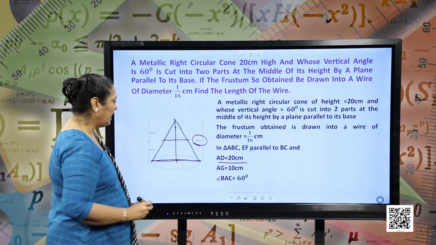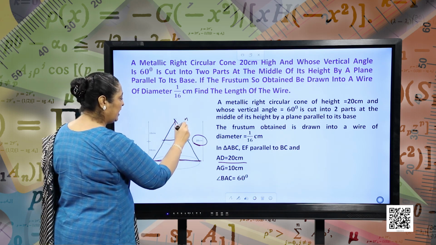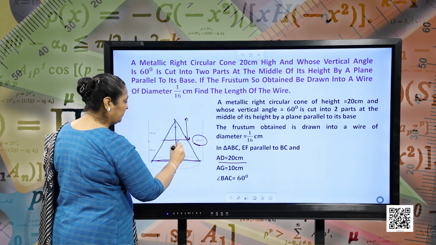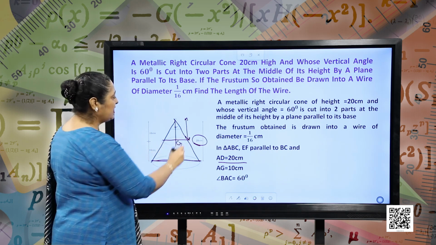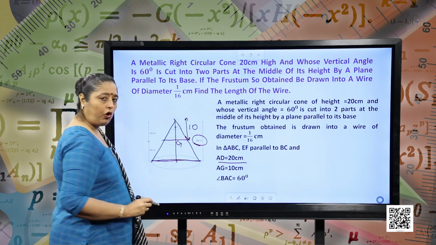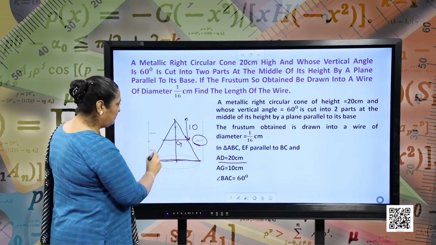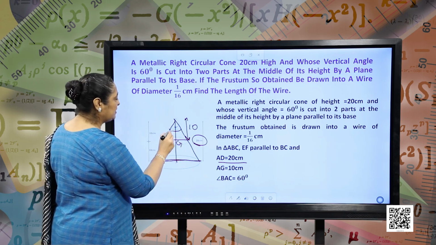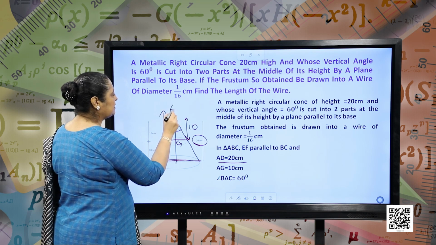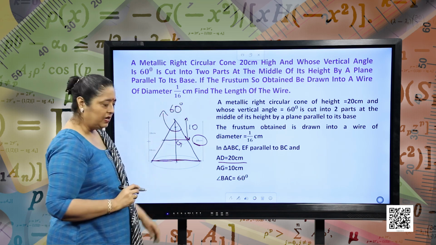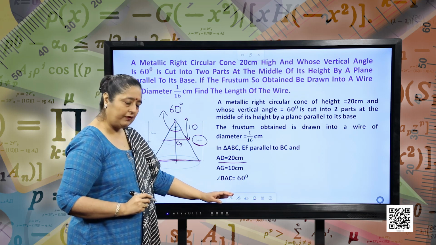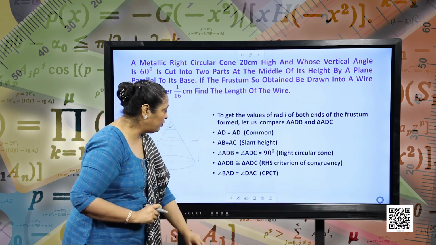Also AG, this is G, okay. So, AG is 10 centimeter. Also we have been given that angle BAC, this angle, is 60 degree, okay. So, all these things are given, I hope you have noted it down. So, let us move forward.